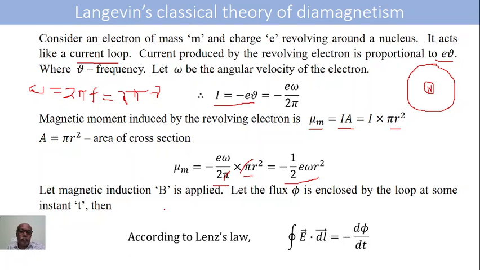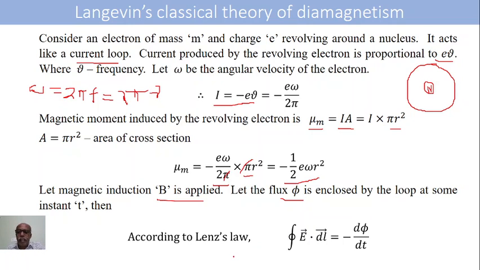Let a magnetic induction be applied to this atom, in other words, let this atom consisting of the nucleus and an electron revolving around it be kept in a magnetic field B, because of which the lines of force will be passing through, and let phi represent the flux.